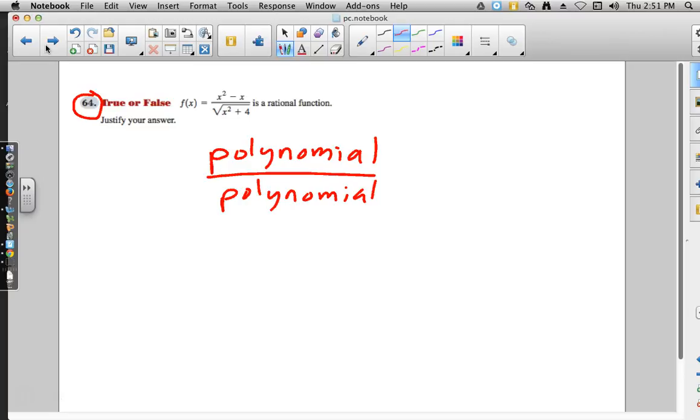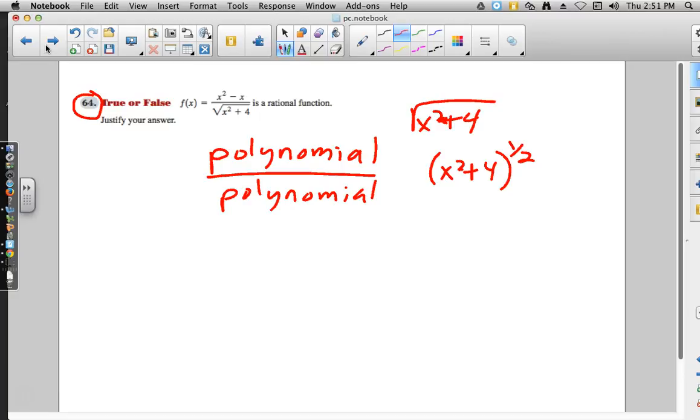So as I'm looking at this, the numerator is definitely a polynomial, but the square root of x squared plus 4, would there be a way for us to simplify that so we have whole number exponents? And that would mean taking x squared plus 4 to the 1/2 power. Now, we can't distribute that 1/2, so there's absolutely no way for us to simplify that.